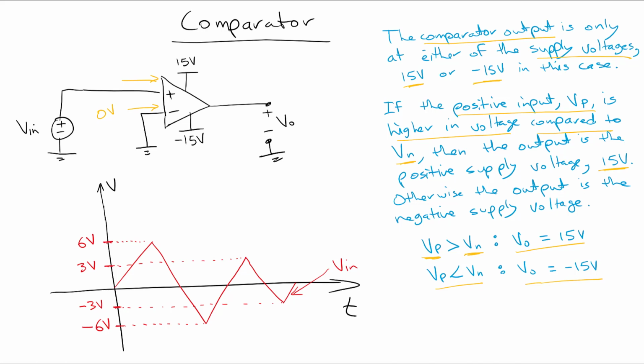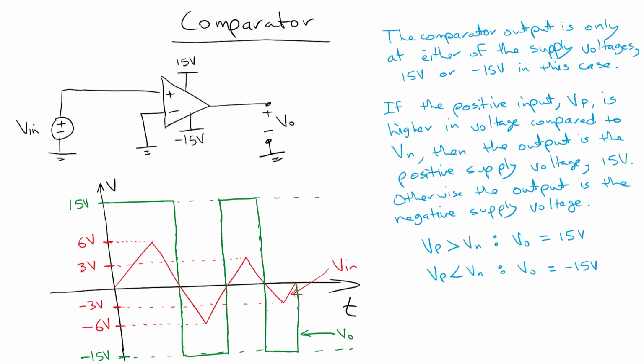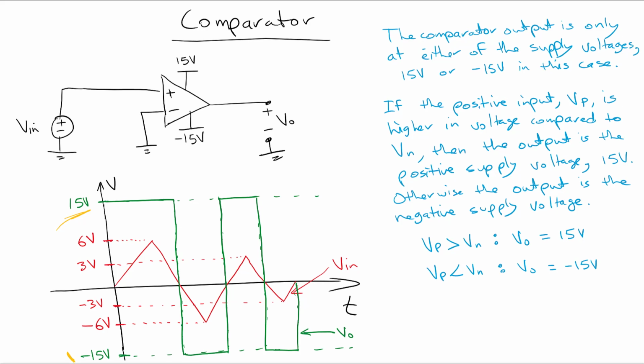We can see on the graph that this is the region where Vp is positive, this is the region where Vp is negative, and so on. So we can construct the op-amp output like so, where when the input signal is positive, we get plus 15 volts, and if the input signal is negative, we get minus 15 volts.